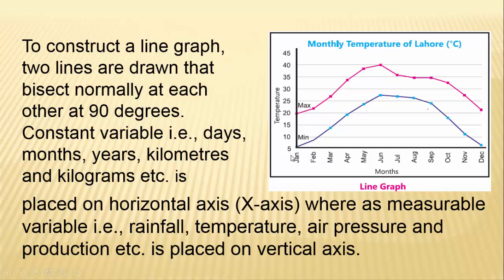Constant variables are placed on the x-axis, that is the horizontal axis, for example days, months, years, kilometers and kilograms, etc. Whereas measurable variables are placed on the vertical axis, known as the y-axis, and they may be rainfall, temperature, air pressure, or different productions, etc.